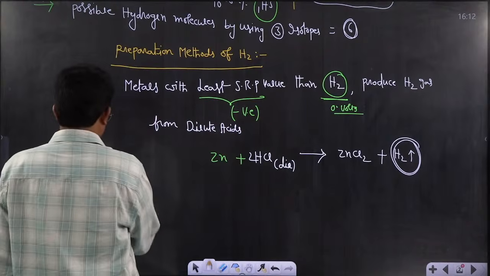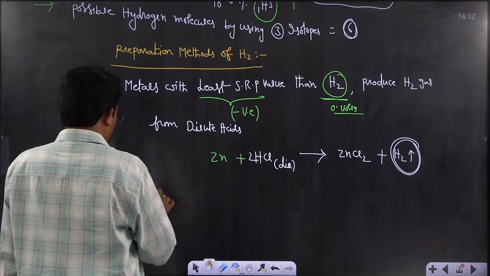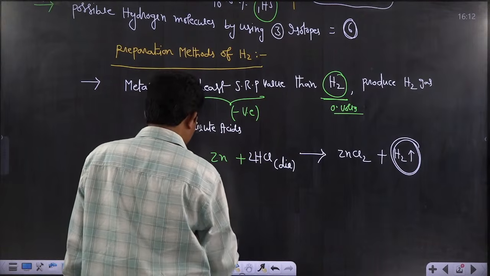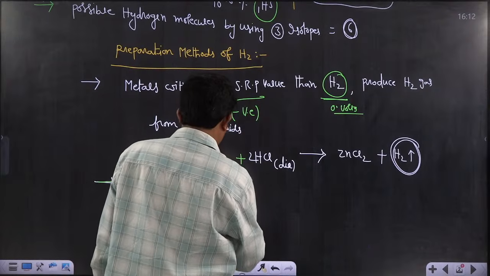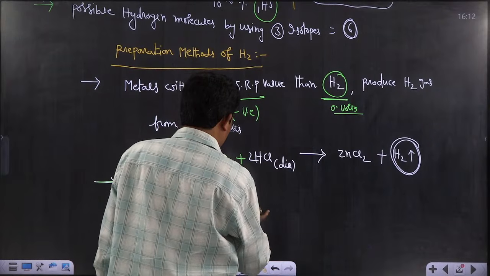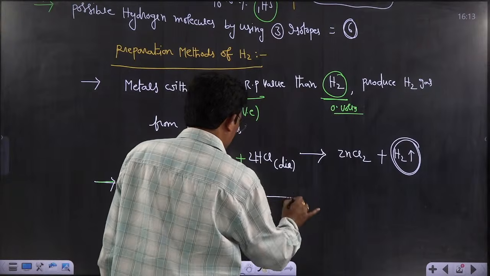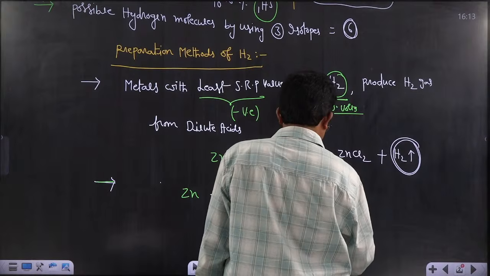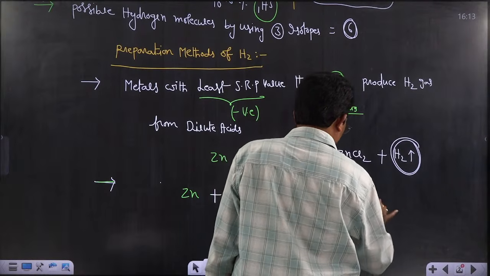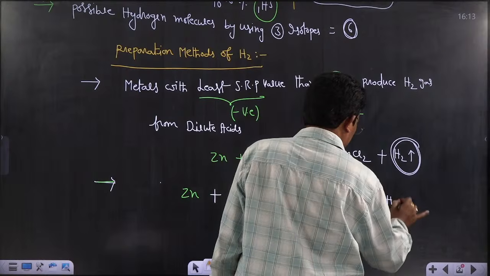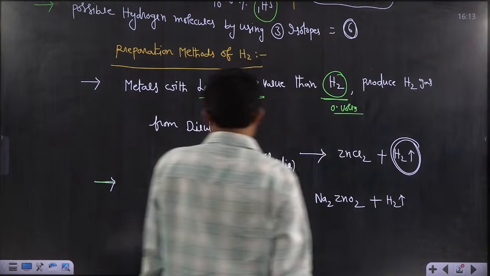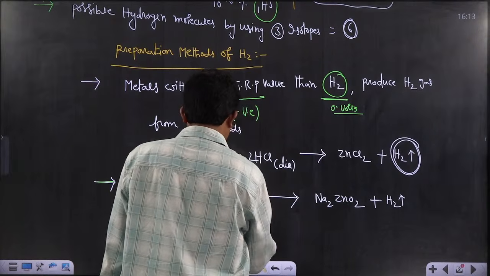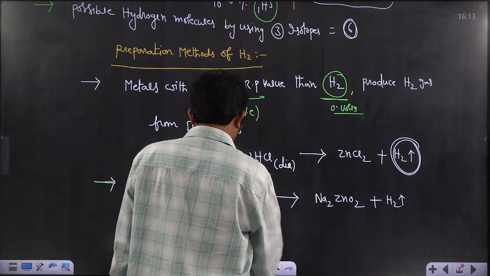When zinc metal is added to sodium hydroxide, the product formed is sodium zincate along with H2 gas. 2 moles sodium hydroxide are required.